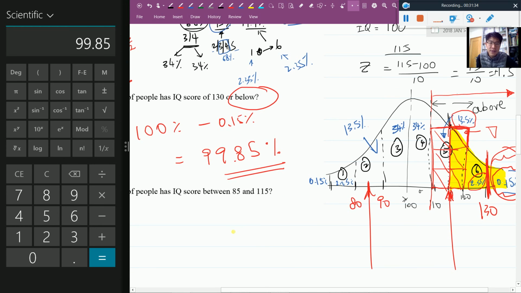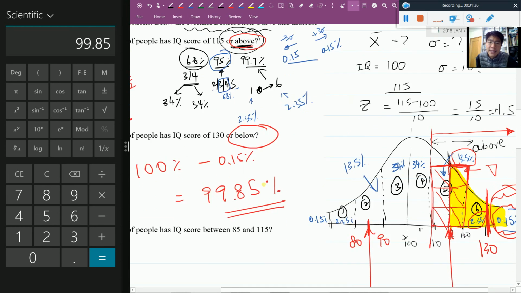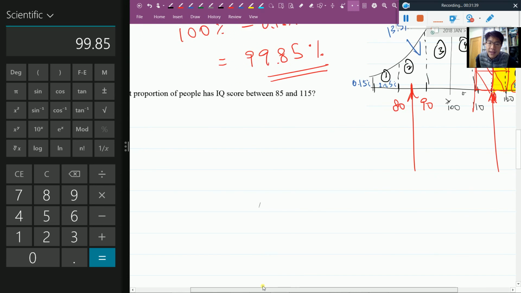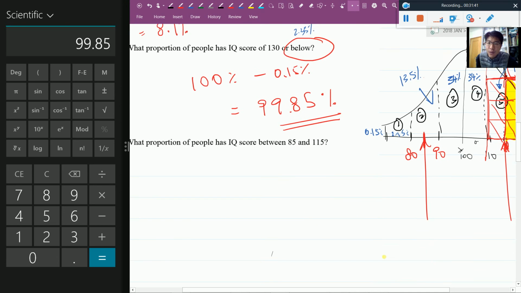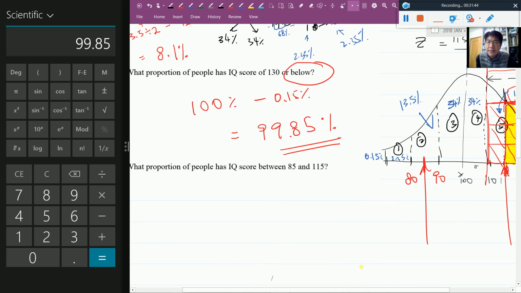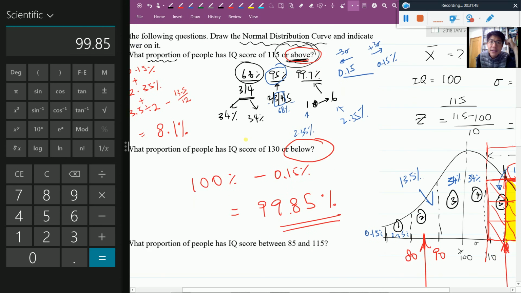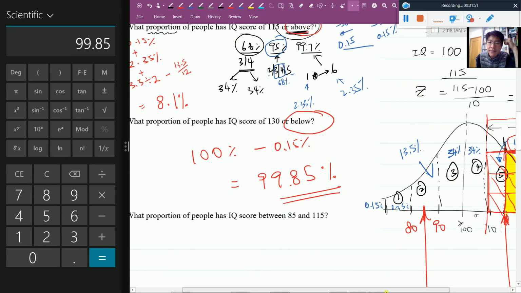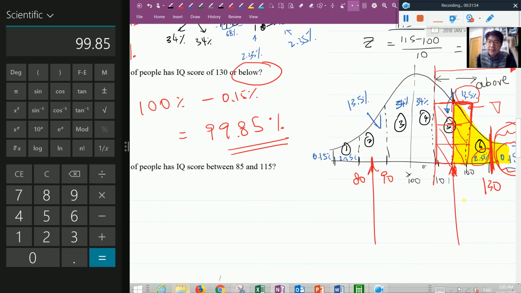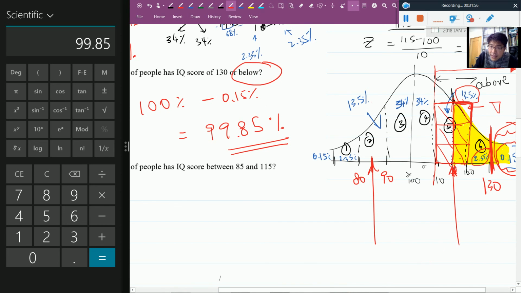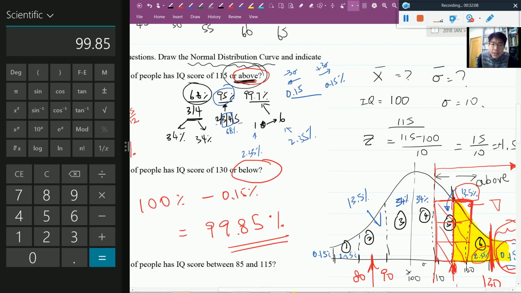Doing the first one is extremely difficult, but because we've done the first one, with about 8.1% there, or above. We know that this highlighted region there is 8.1%. This highlighted region is not 8.1. This highlighted region is 5 point something.